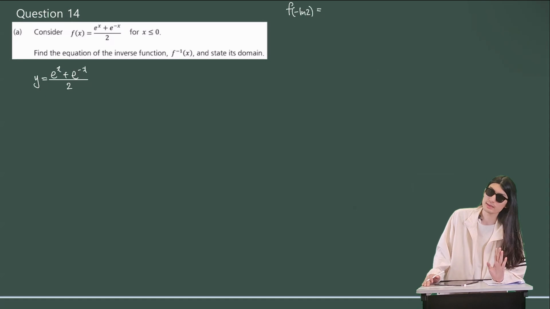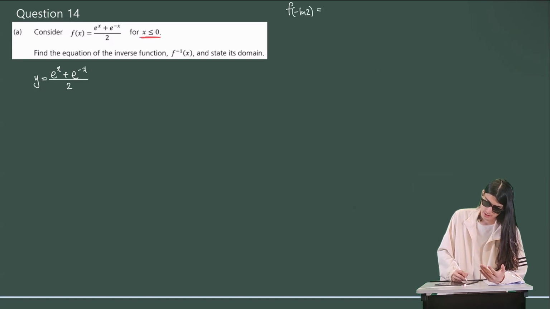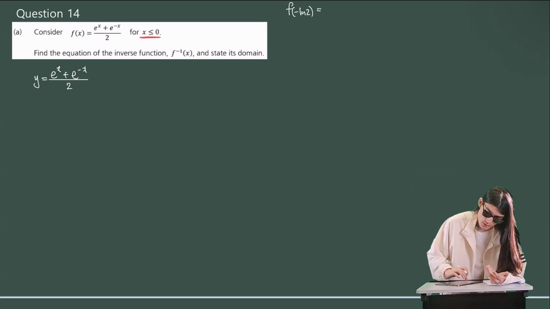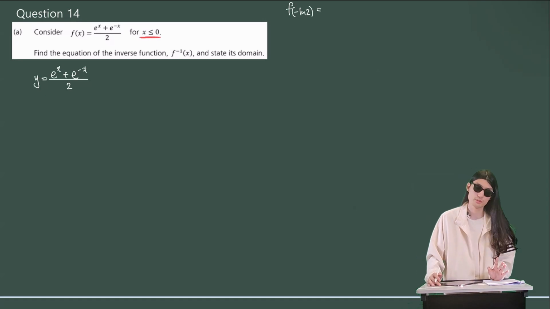It doesn't have to be negative ln 2, guys. What I did is I just randomly chose a value of x that's less than or equal to 0, or preferably less than 0. So you guys could have chosen other negative x values is what I'm saying. There's no clear logic or reason behind negative ln 2. It's just a random negative value.